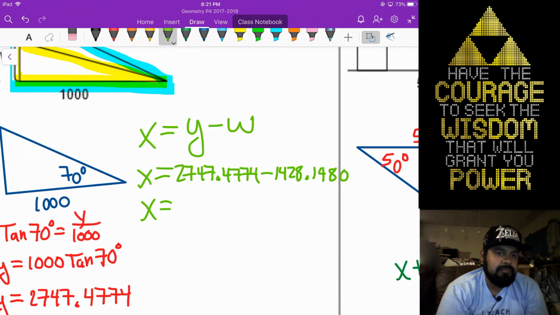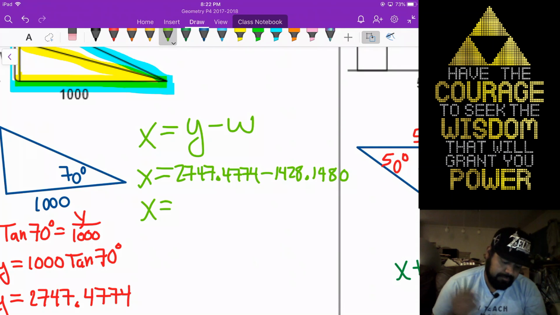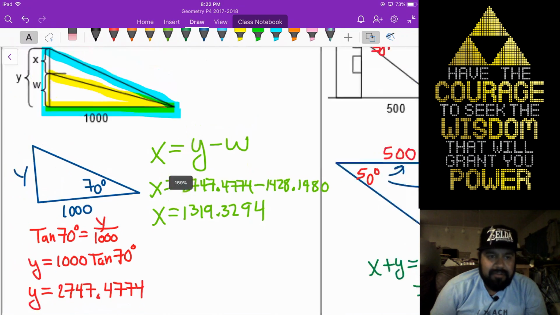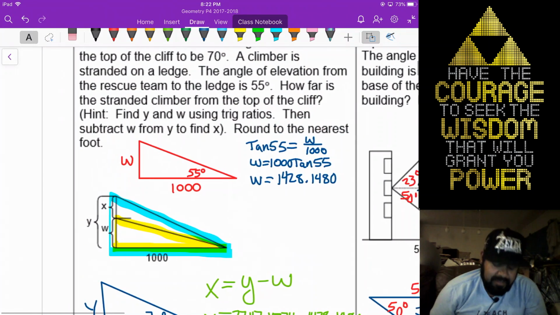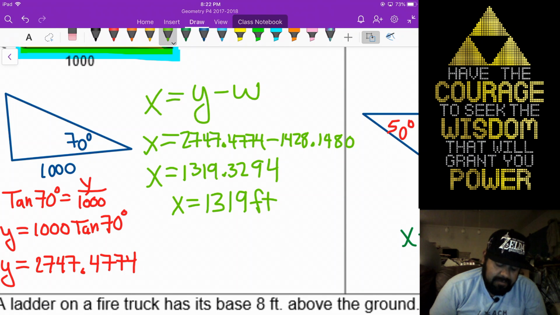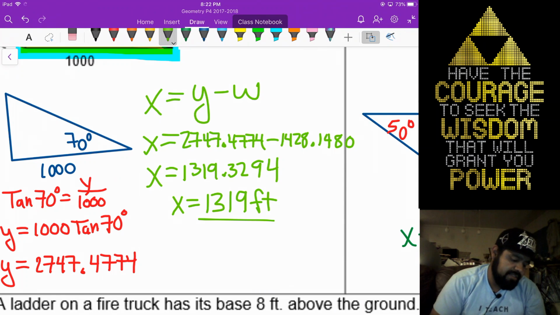Alyssa! Yeah, there it is. Perfect. 1319.3294. Now, of course, we don't need all those decimals. Round to the nearest foot. So x equals 1319 feet. Alyssa, I hope that was helpful to you.